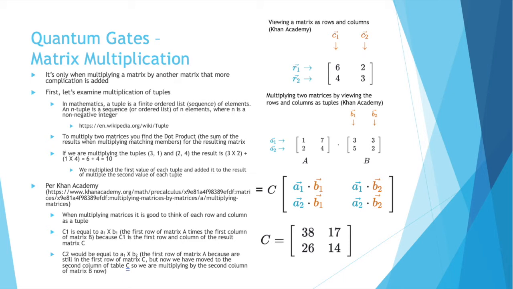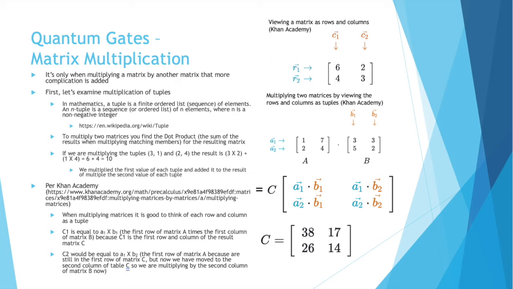So then if you're multiplying matrix A by matrix B, the resulting matrix, matrix C, each value within that matrix can be considered a tuple from one matrix times a tuple from another matrix. So in matrix A, the tuples are the two rows.